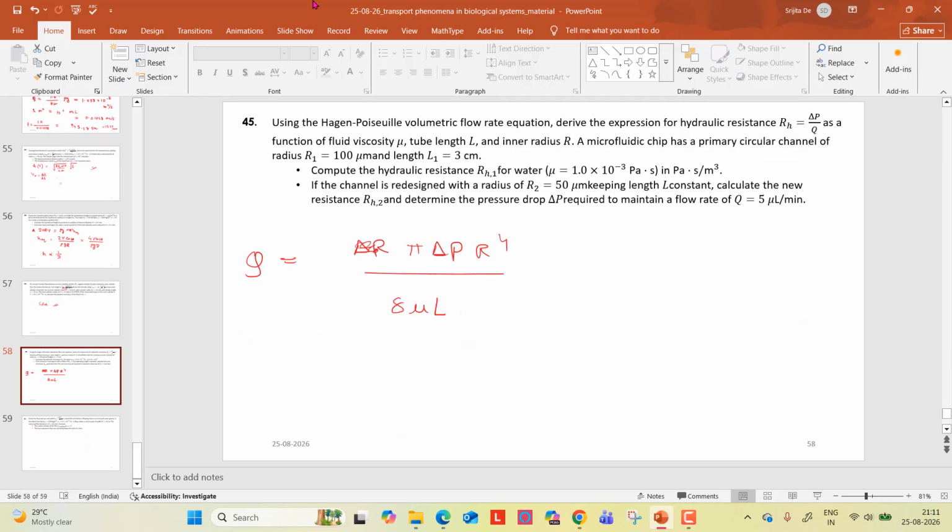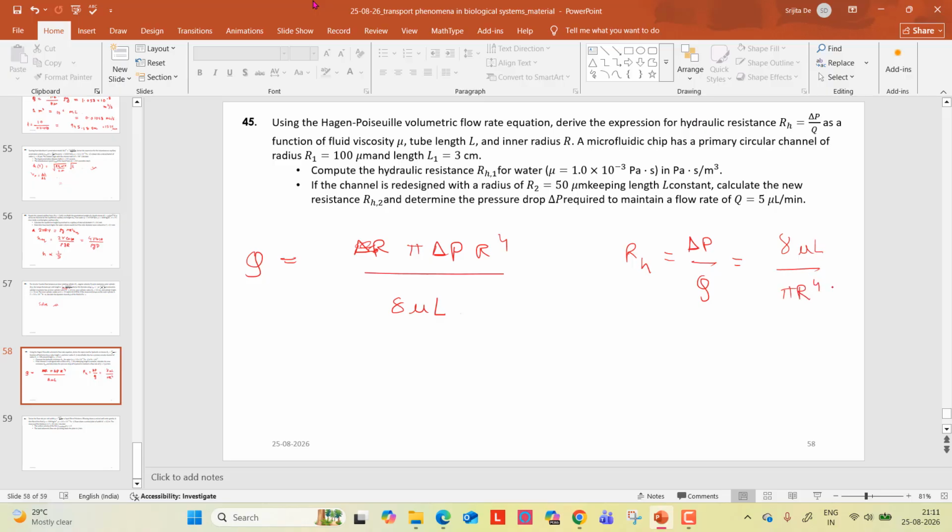So hydraulic RH is delta P by Q. So what is left is 8 mu L by pi r to the power 4.